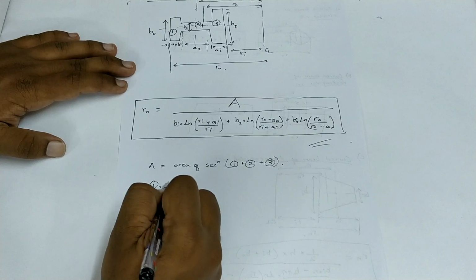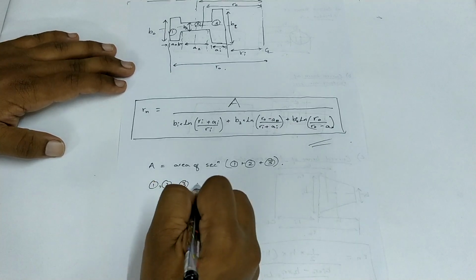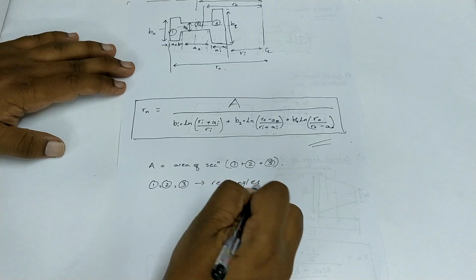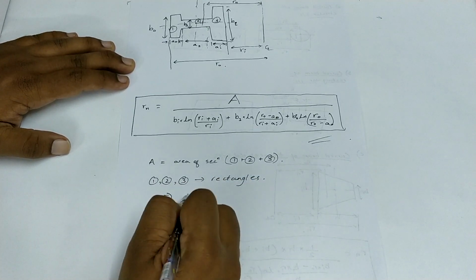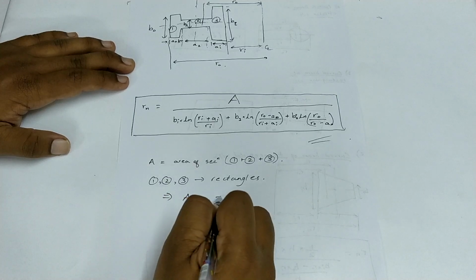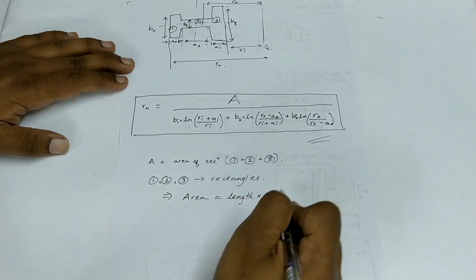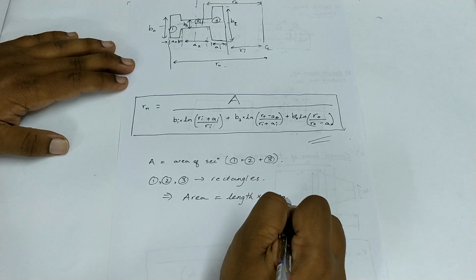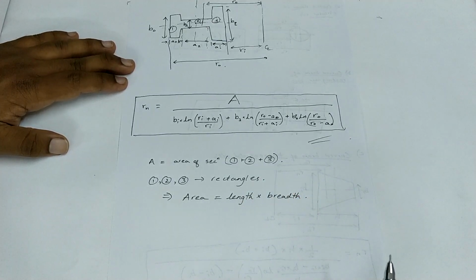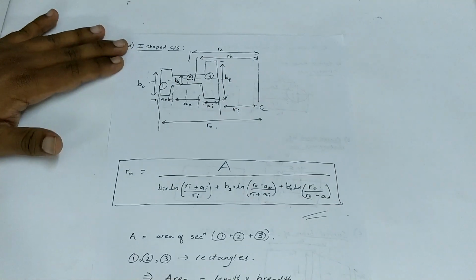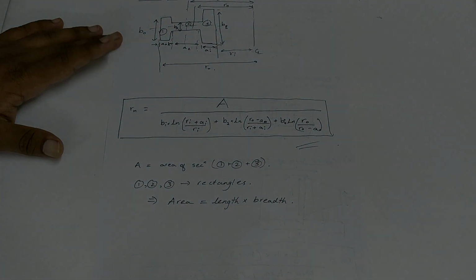So area is equal to the sum of the areas of sections 1, 2 and 3. We just use the basic formula for the area of a rectangle, that is area is equal to length into breadth. We do that for all three sections and then add them up to get the final area, that is A.